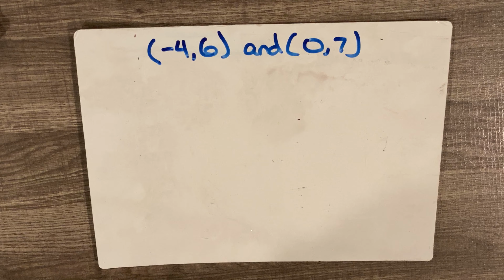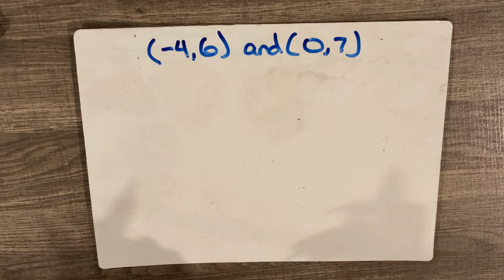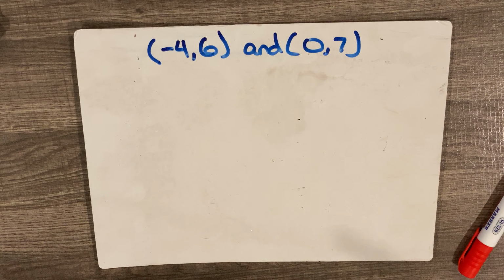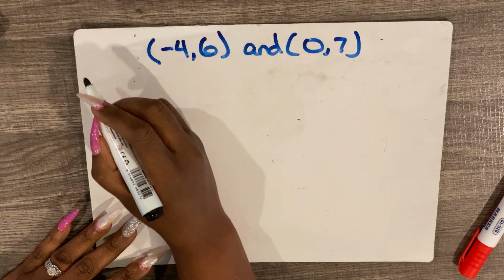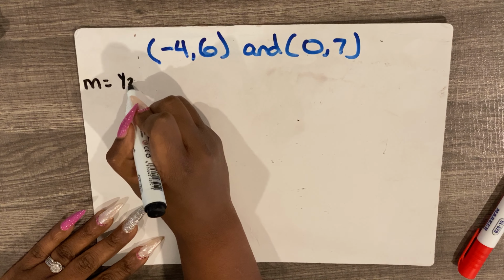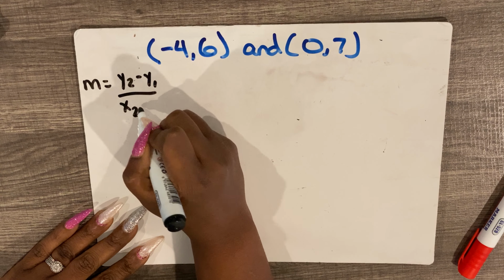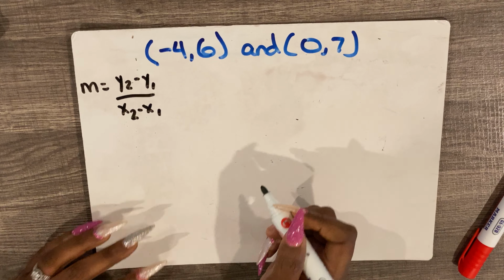When you have two sets of points, you are going to use y2 minus y1 over x2 minus x1 in order to find your slope.